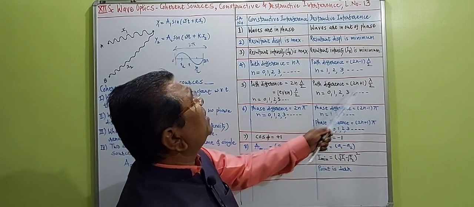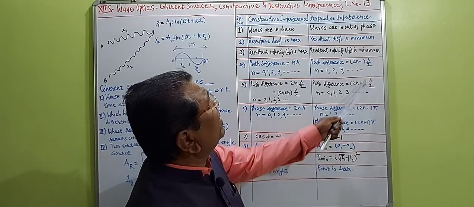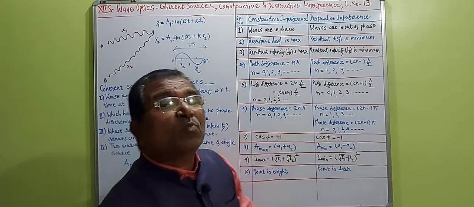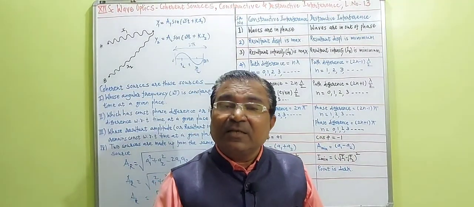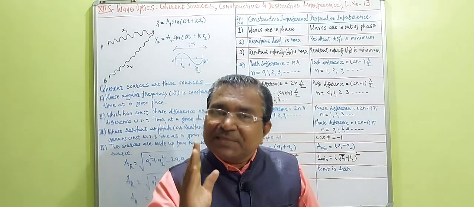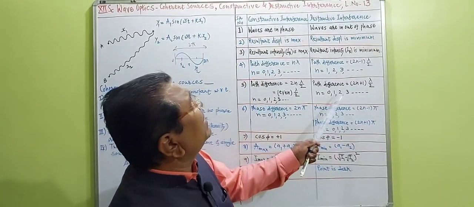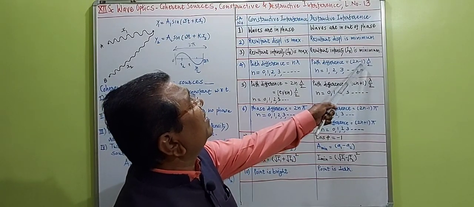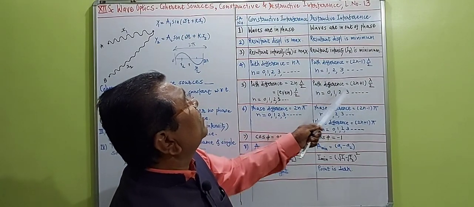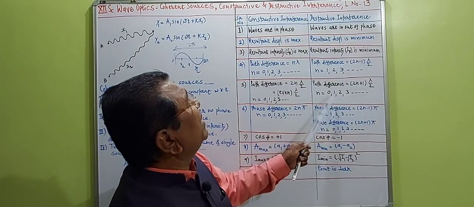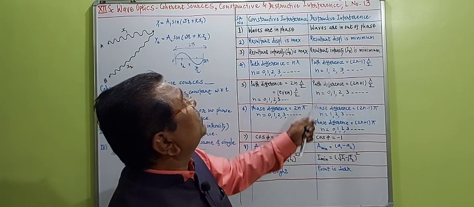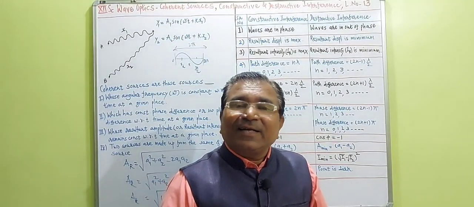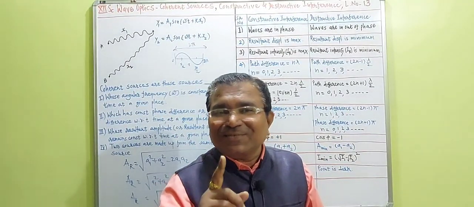But if the path difference is 2n plus 1 lambda by 2, at that time it starts from 0. Most important thing while solving the MCQ. Either we get this condition or this condition. If minus condition is there, then n starts from 1. If plus condition is there, then n starts from 0. These two formulae you should remember while learning the concept of destructive interference.